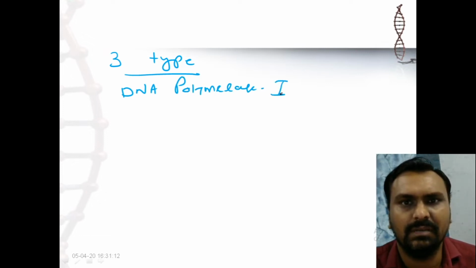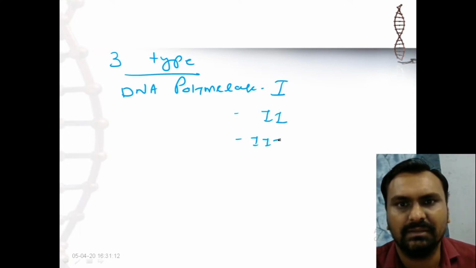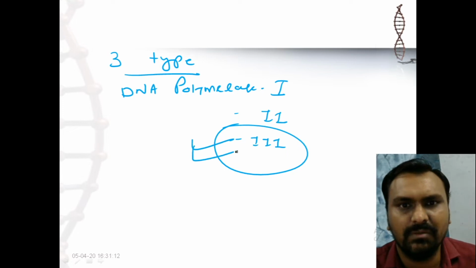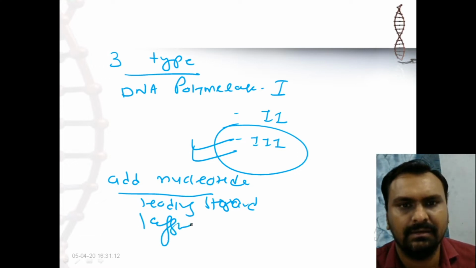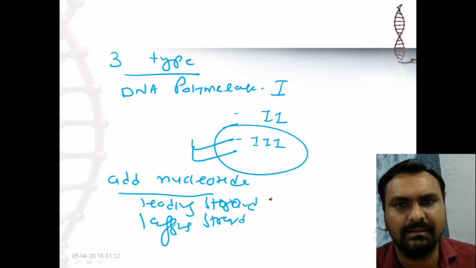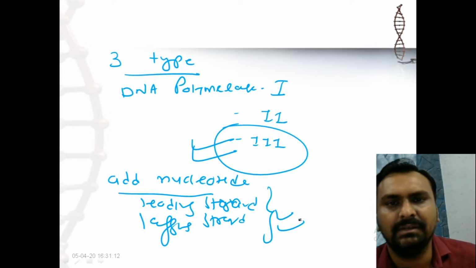That is called DNA polymerase I, DNA polymerase II, and DNA polymerase III. This DNA polymerase III is the main enzyme that will add nucleotides in the leading strand and lagging strand. Now what are this leading and lagging strand, that we will see in a few minutes, okay.